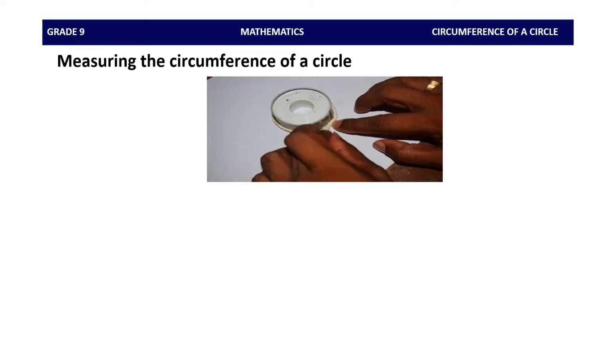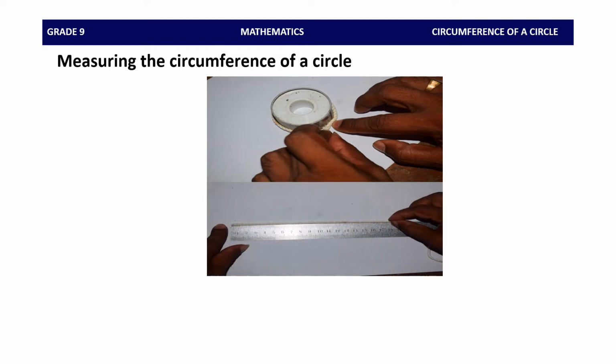Now, we are going to measure the circumference of a circle. For this activity, we need a circular object, a piece of thread and a ruler. Place the thread around the circular lamina as shown in the picture and measure the relevant length of the thread with a ruler.